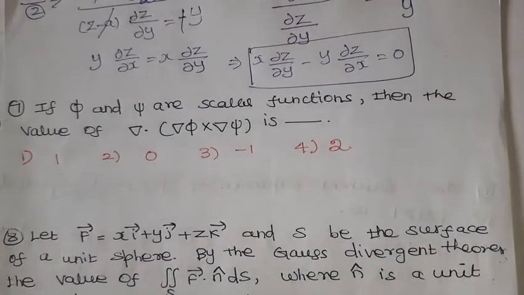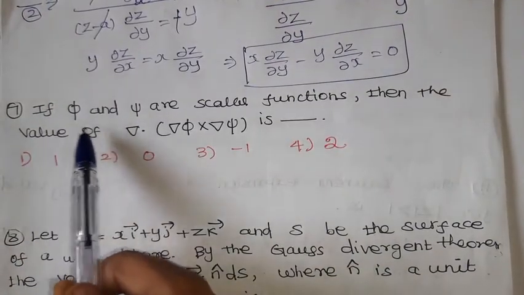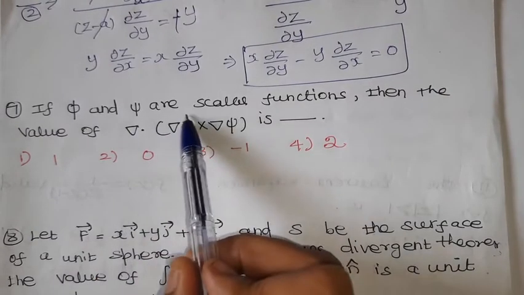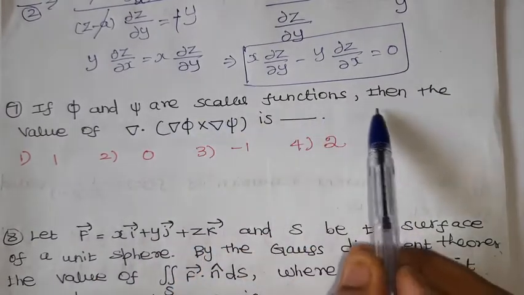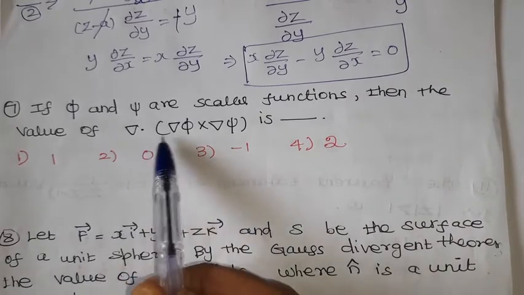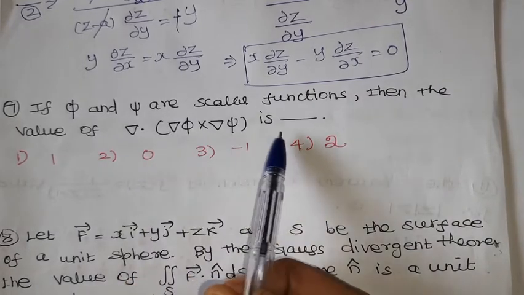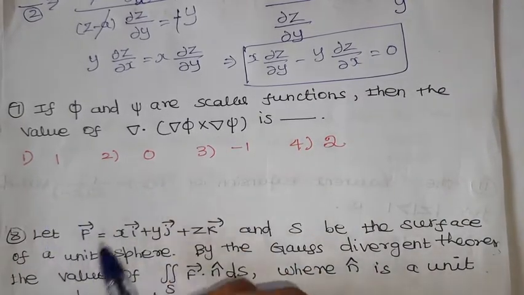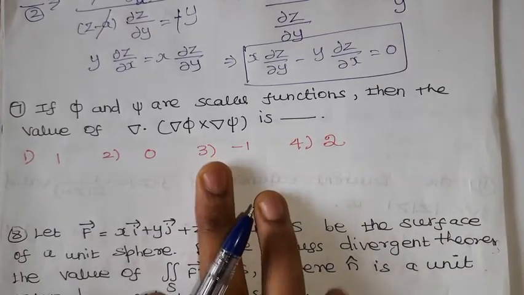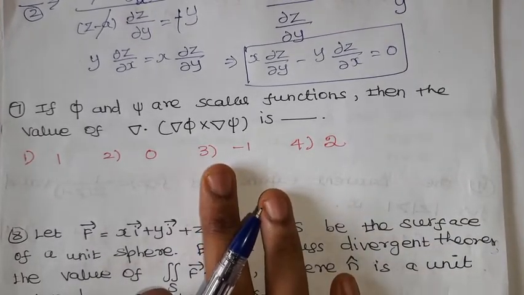If phi and psi are scalar functions, then the value of del dot (del phi cross del psi) is, we are going to find out this term. This is one of the properties or formulas of vector calculus.